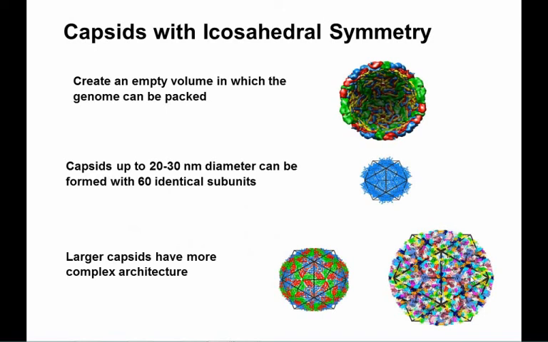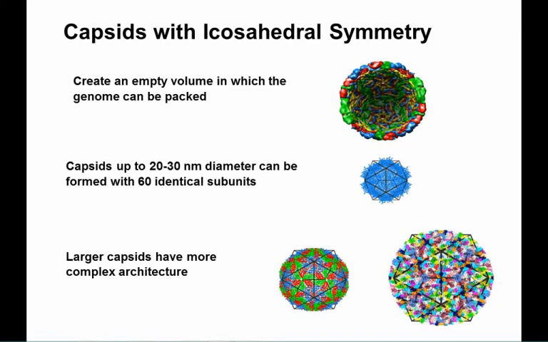Now, the other way of wrapping up nucleic acids is to consider that we're not going to treat the nucleic acid as a line in two dimensions. We can wrap this nucleic acid up in three dimensions, like a ball of wool. In this case, the nucleic acid is wrapped up and we try to package it into a hollow spherical structure.